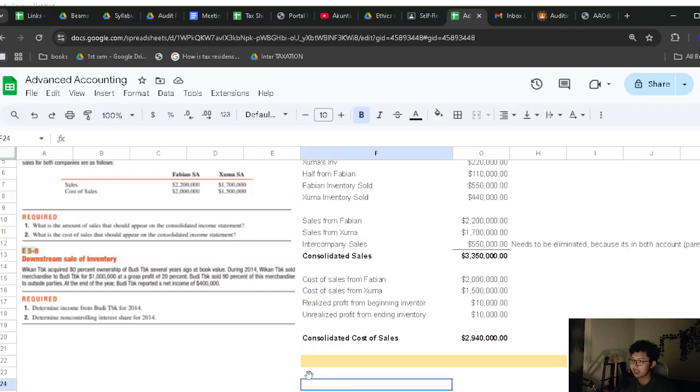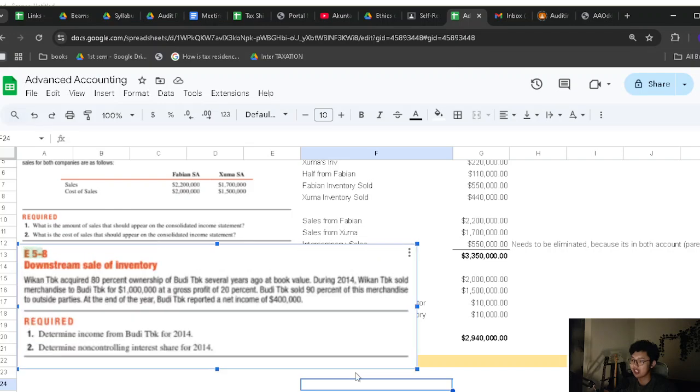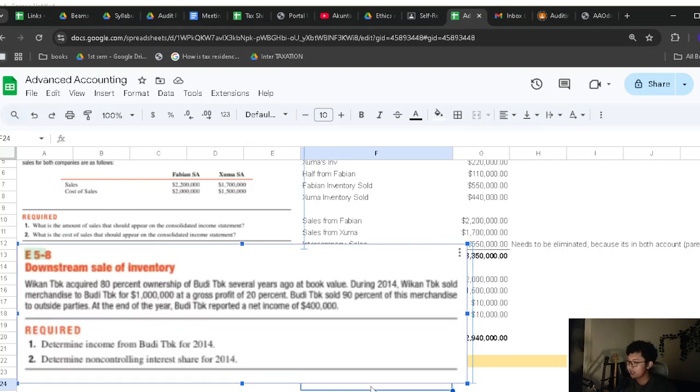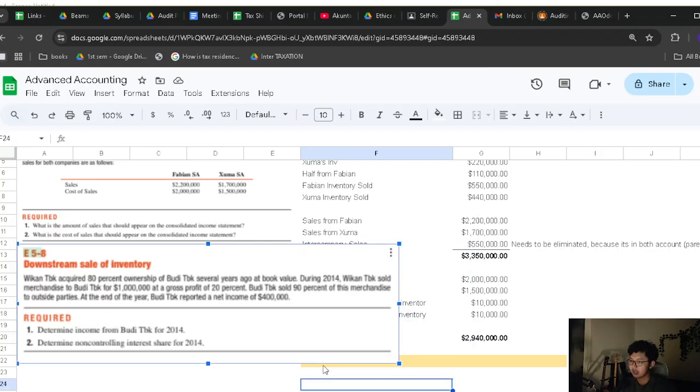For the second question, we're going to try to actually solve it as we go. So a company acquires 80% of Booty, and sold merchandise for 1 million, gross profit of 20%, but then Booty sold only 90% to outside parties, third parties, and they report net income of 400.